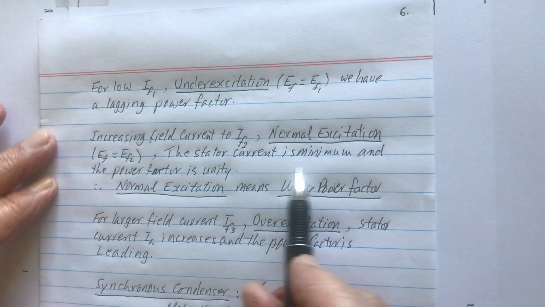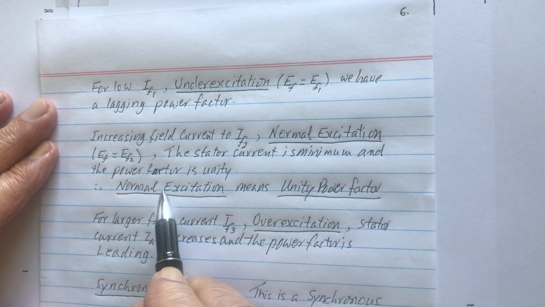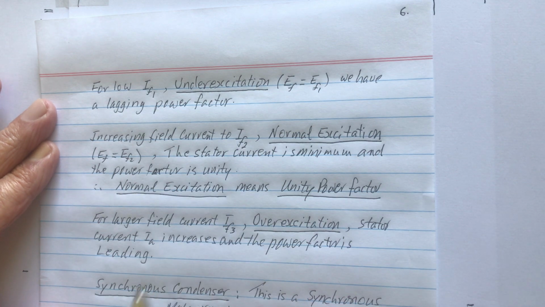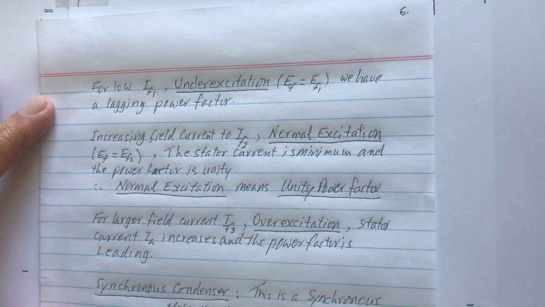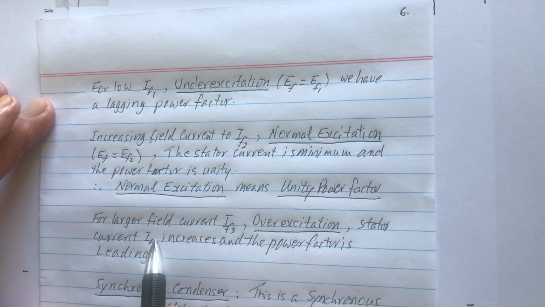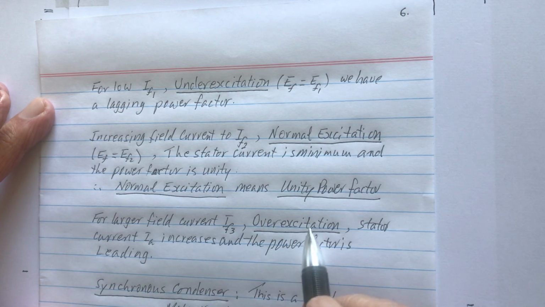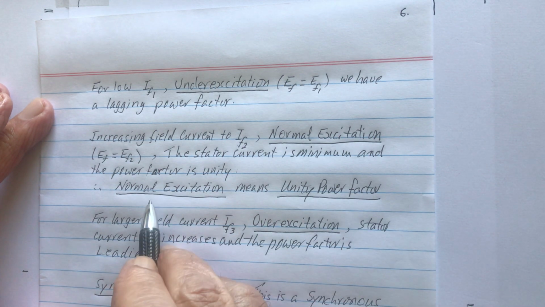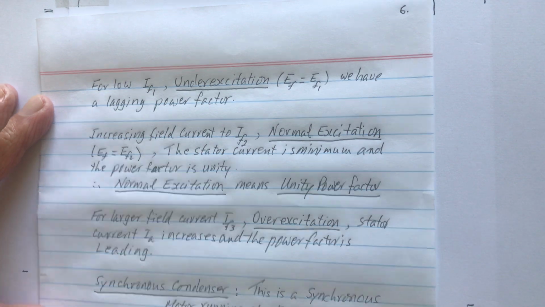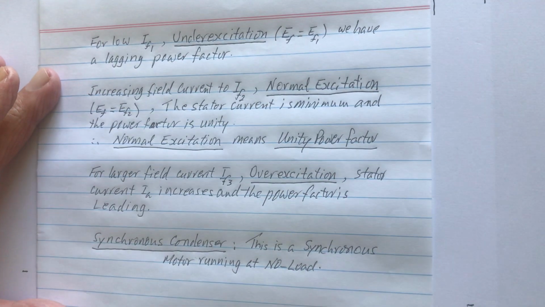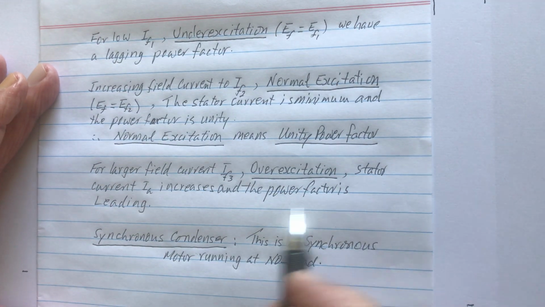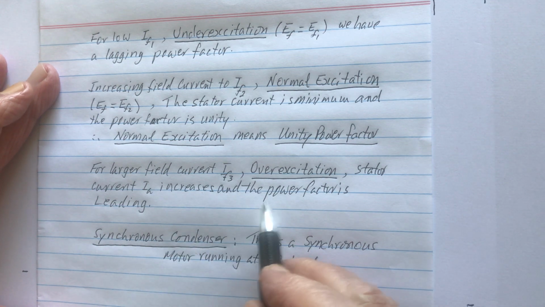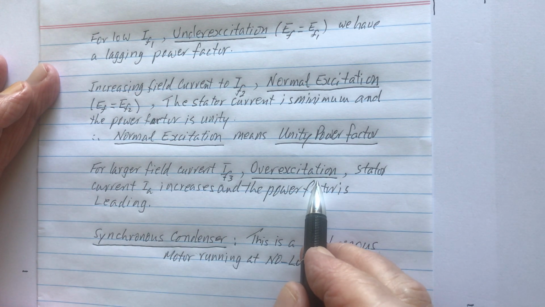The stator current is minimum and the power factor is unity. So please understand that always when you have a problem and they're talking about normal excitation, they mean that we are working at unity power factor. Normal excitation is unity power factor. Over excitation is when you drive the machine into a leading power factor.